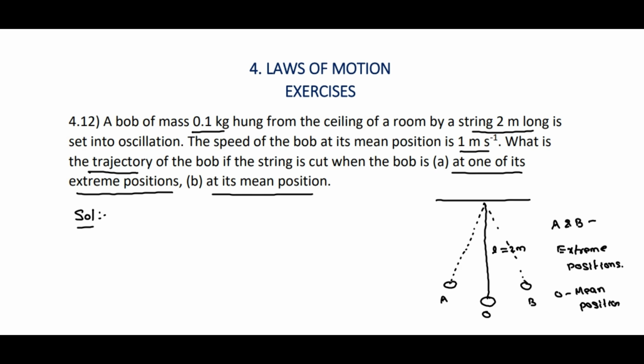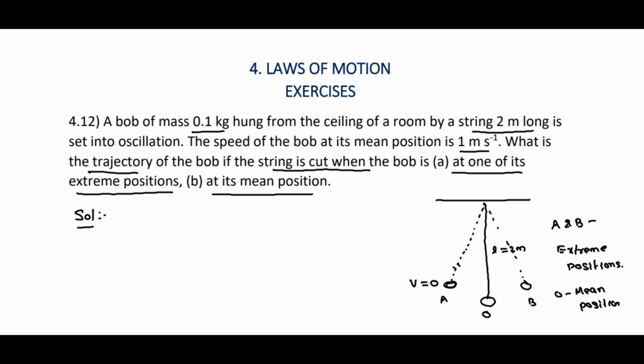The first sub-question is at one of its extreme positions. The string is cut when the bob is at one of its extreme positions. Assume that the bob is at point A, the extreme position. The string is cut. Then what will happen here? The speed of the bob is 0.